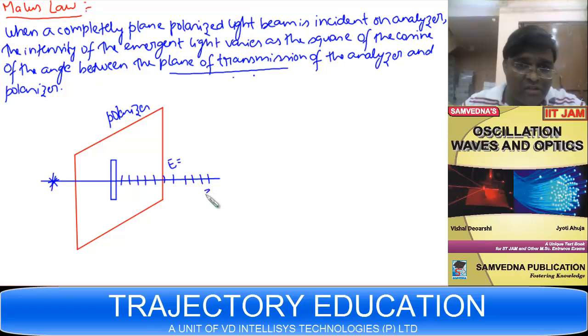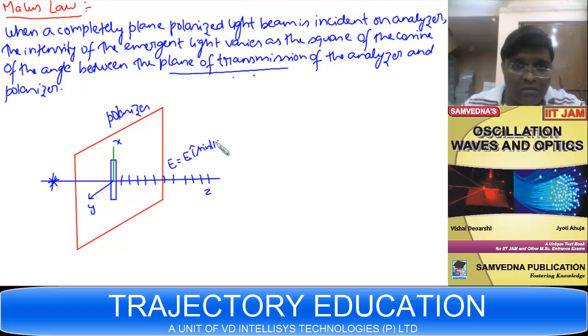Suppose I call the direction of propagation Z. I can write this field as E naught in the i direction. Say this is the X axis, this is the Y axis, and this is the Z axis.